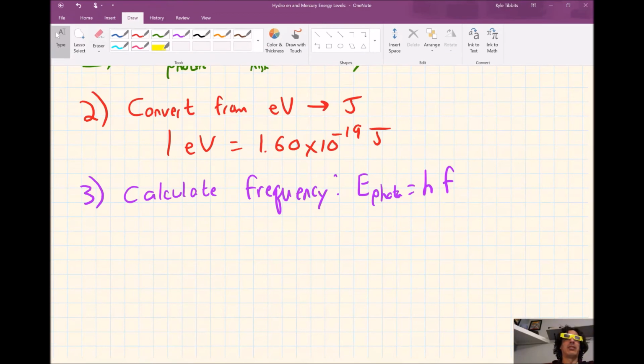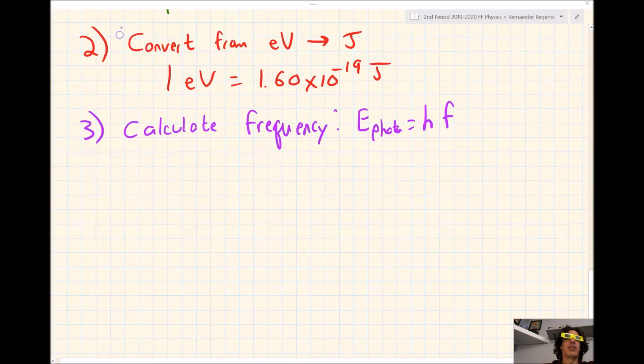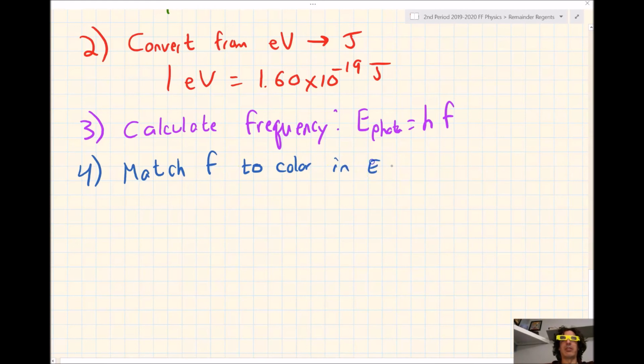And then lastly, now that we have the frequency, we can finally match up that frequency in the electromagnetic spectrum to find the color. So match the frequency to the color in the EM spectrum.